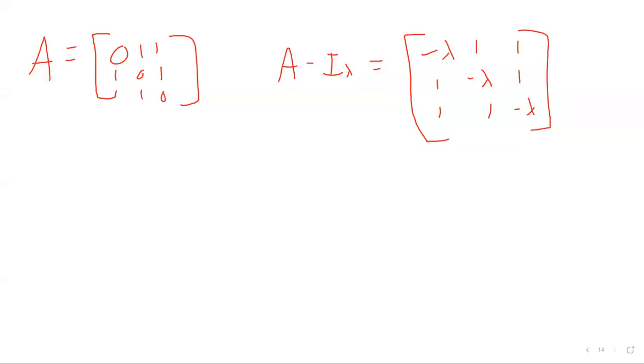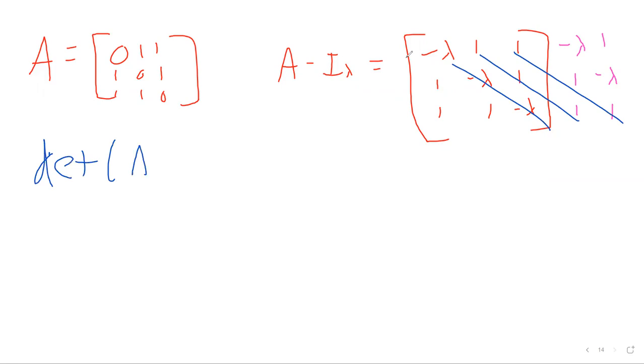And now let's take the determinant of this. Our determinant of A minus I lambda: we're going to get a negative lambda times negative lambda times negative lambda, plus 1 plus 1.